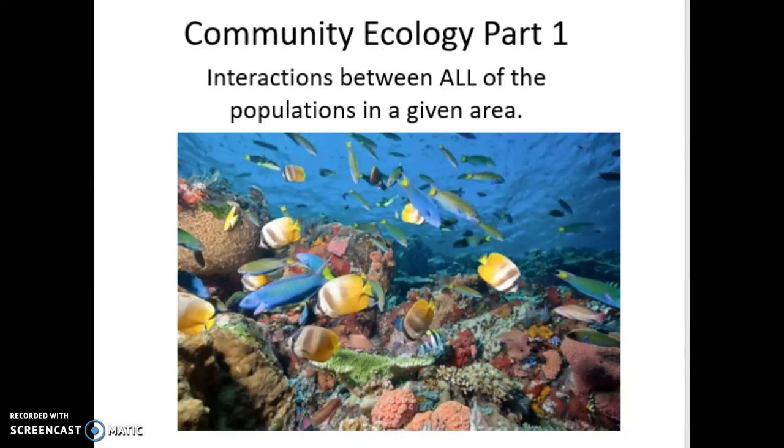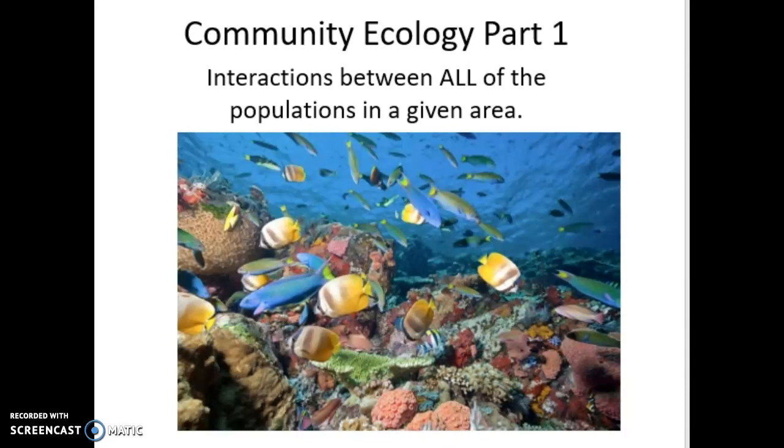As we look at communities, we look at a given area, and you define the area. It could be 100 acres of this coral reef. It could be my 10 acres of my parents' property. It could be my backyard. You define the size of the community, but then we go in and look at all the different populations that live in that community.